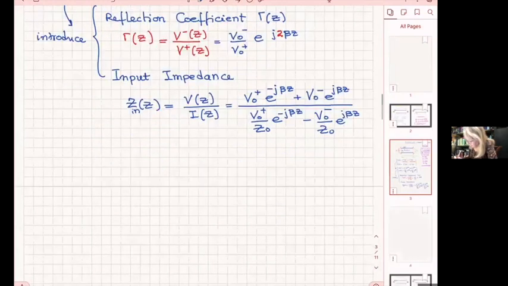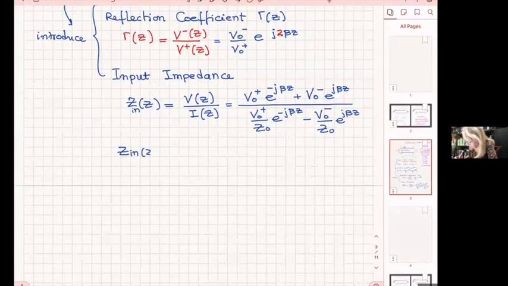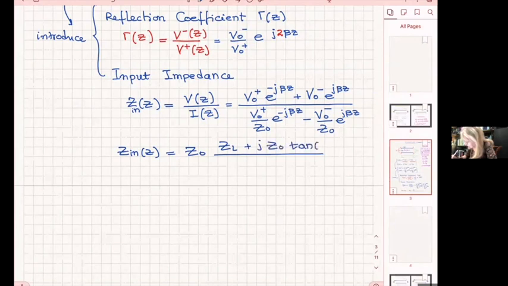This one is giving you the following: Z input at any point Z equals Z naught times ZL, which is your load, and I will explain that, plus J Z naught tangent of beta Z, divided by Z naught plus J ZL tangent of beta Z.